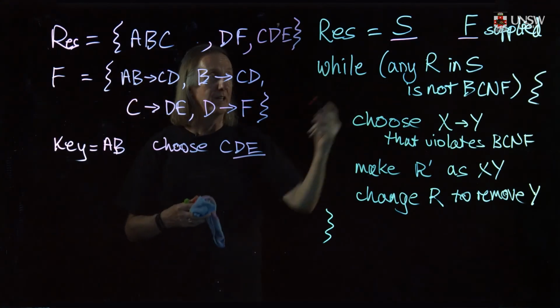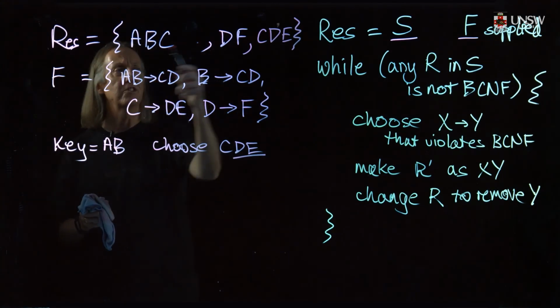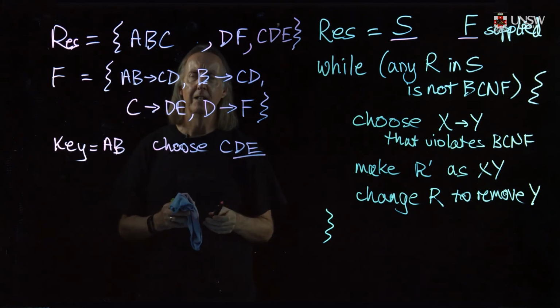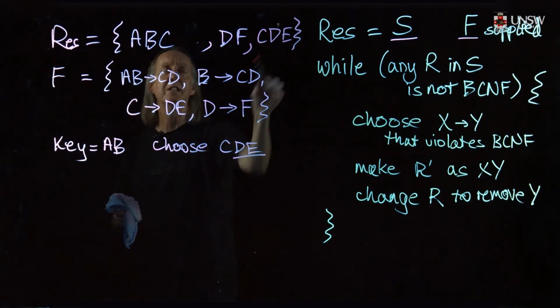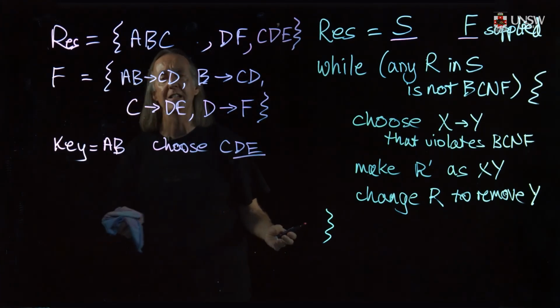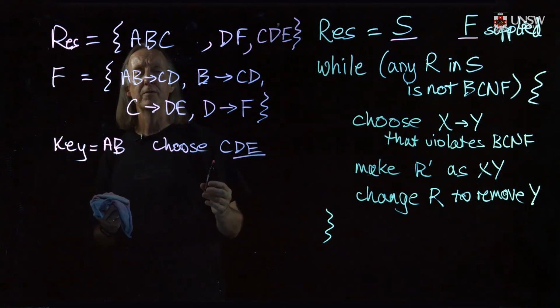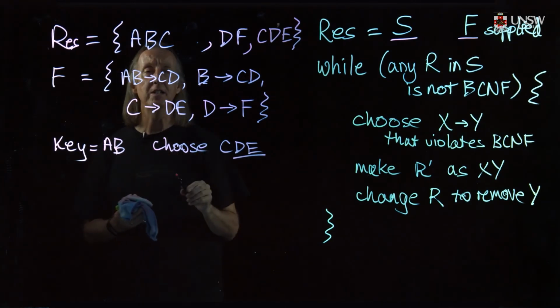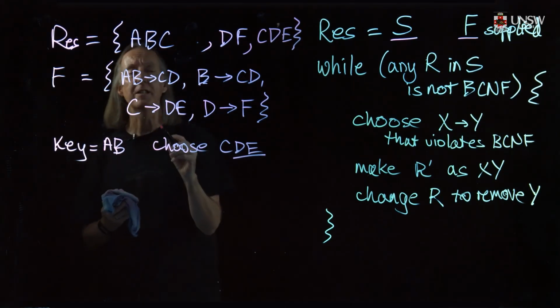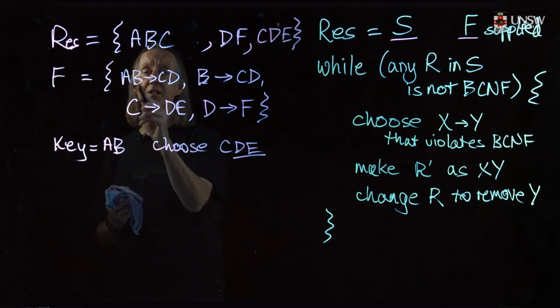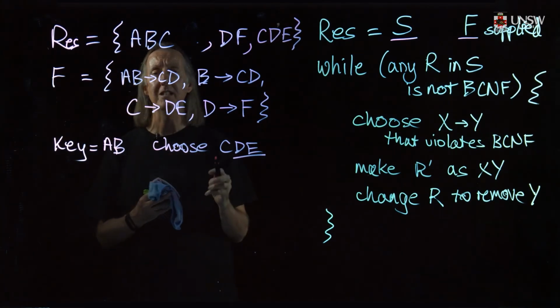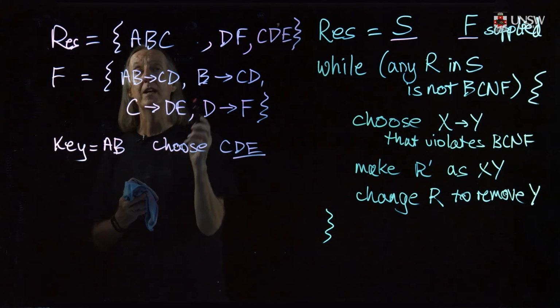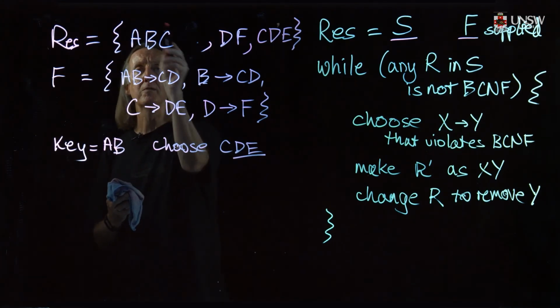So round the loop again. Let's see if we can find a relation in the current schema that isn't in BCNF. Now, ABC, remember that we can rewrite this dependency as AB determines C, AB determines D. If we do that, this dependency is relevant to this table.